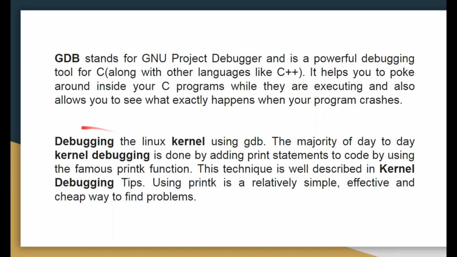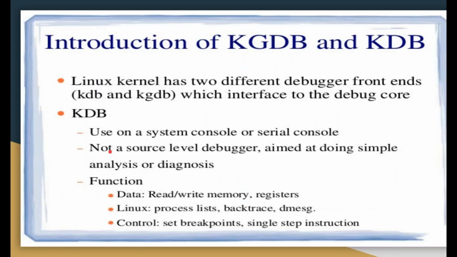So debugging is to check where your program is actually having a problem, whether a file is not found, or there is a miscalculation, or any kind of problem. Then you use debugging. There are two famous debugging tools, KDB or KGDB. Fine. So generally debuggers play a vital role in any software development system.